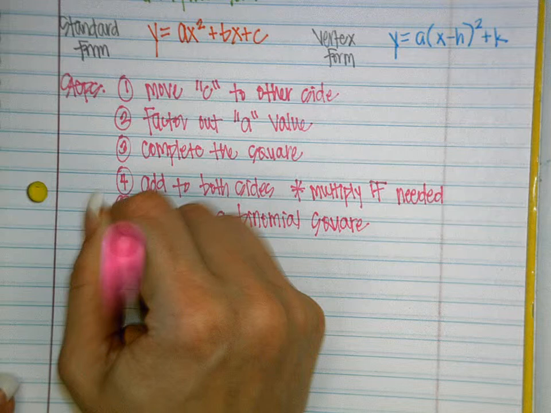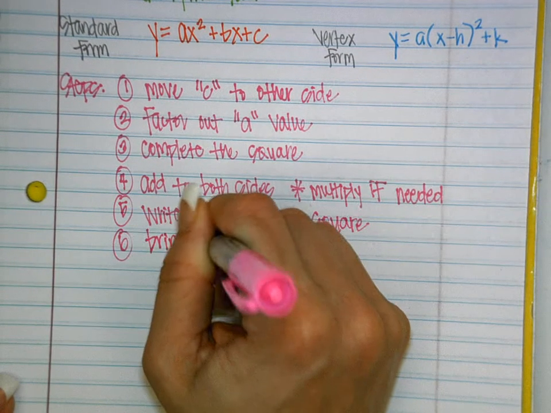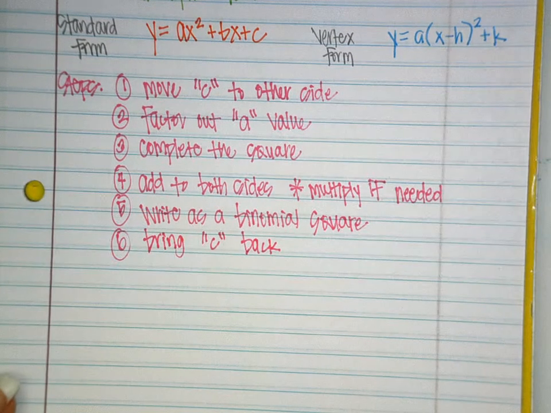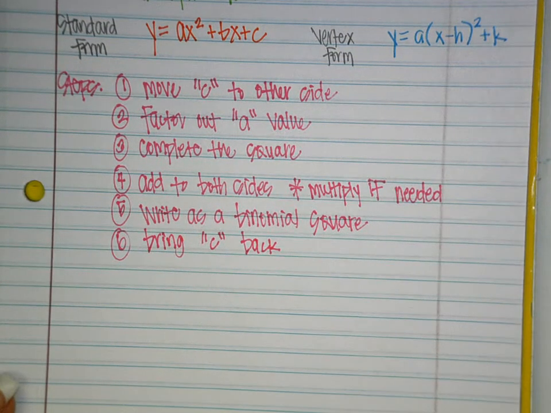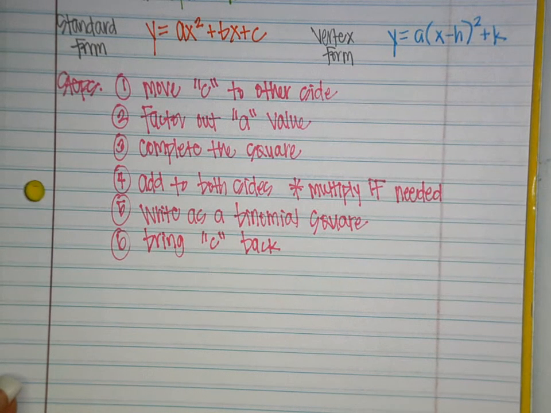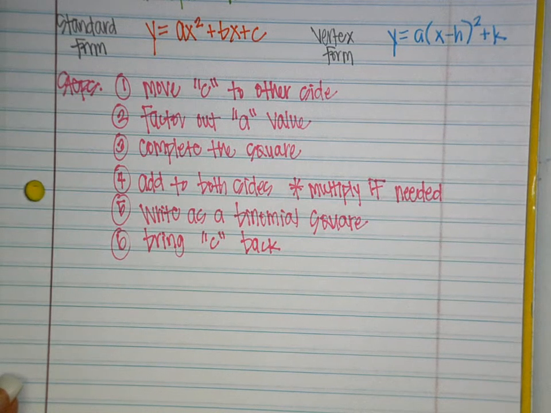And the last step, step 6, is to bring c back. So bring the c number back. So move the c value to the other side, factor out the a value, complete the square, add to both sides, and remember to multiply if needed. Write as a binomial square, and then finally bring the c back.